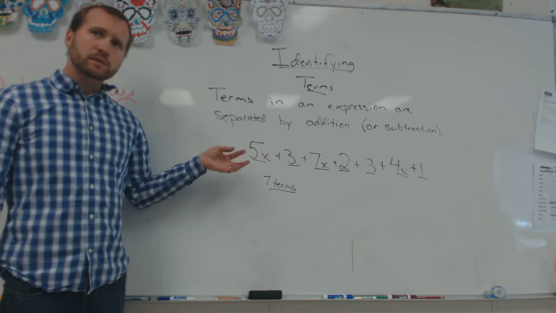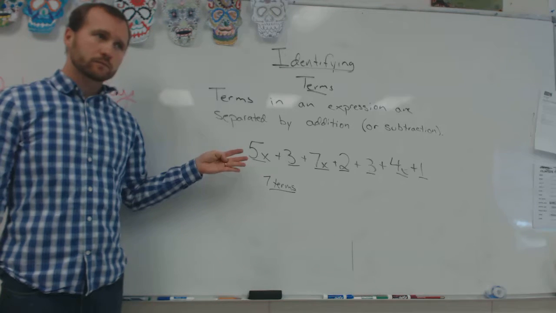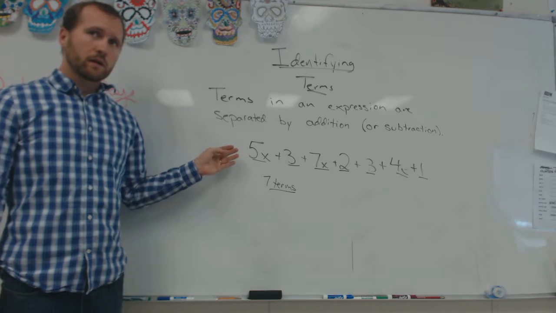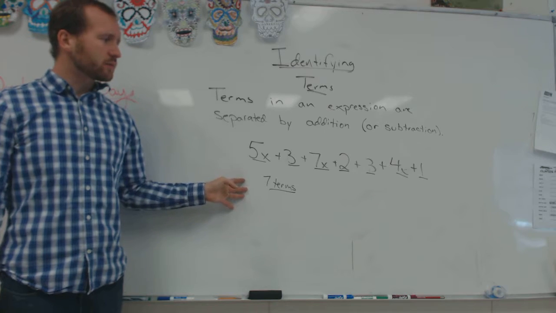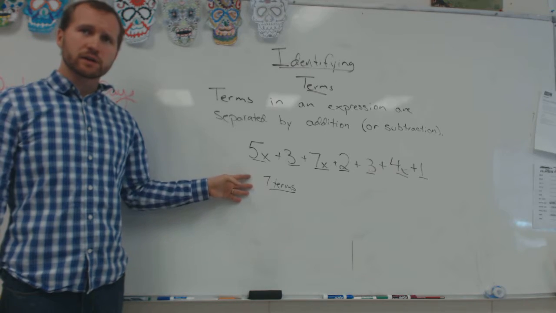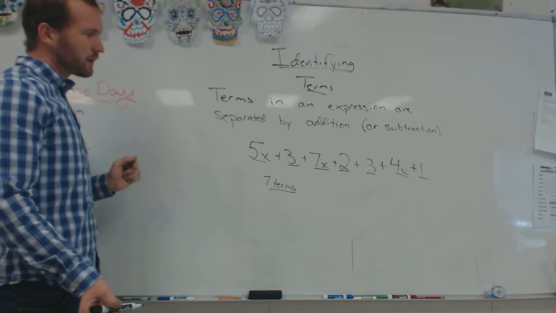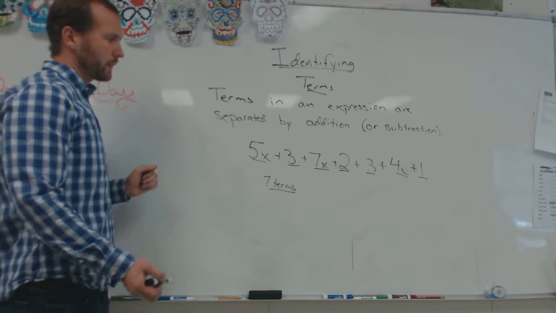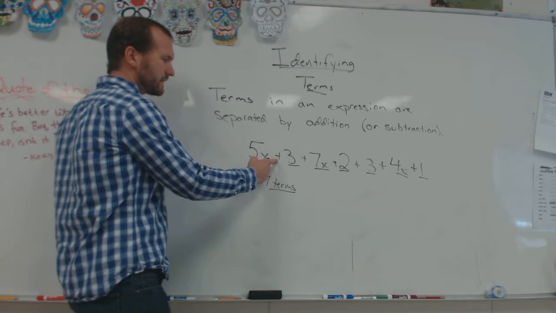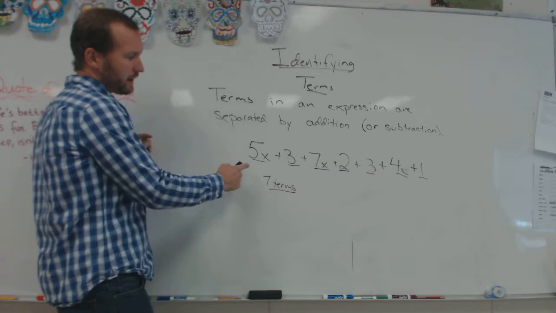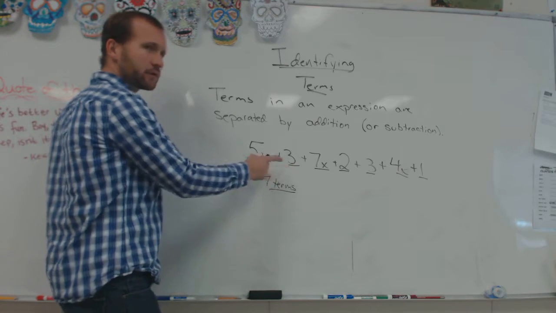But a lot of these terms can be combined. And this is where the commutative property of addition comes into play in algebra. So what I'm going to notice, this is a term and it's added to this term. But I can't actually add 5x to 3.